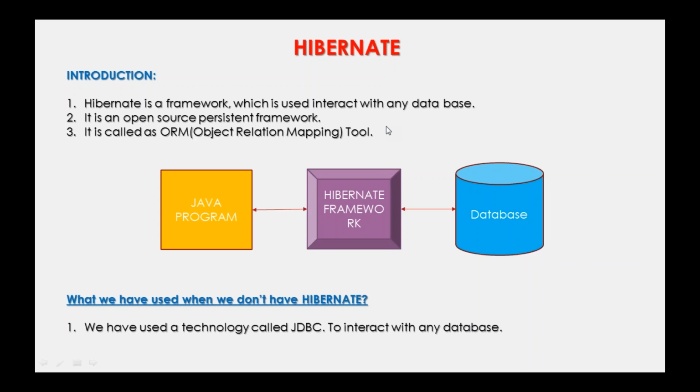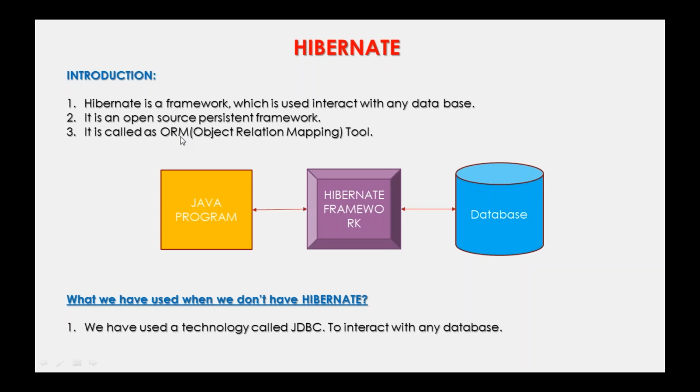See the third point. This Hibernate framework is also called an ORM tool. What is this ORM? Object Relational Mapping tool. I'll tell you clearly about this ORM tool a little bit later. Before that, before I tell you what an ORM tool is and why Hibernate is called an ORM tool, I want to tell you the main difference between Hibernate and JDBC.